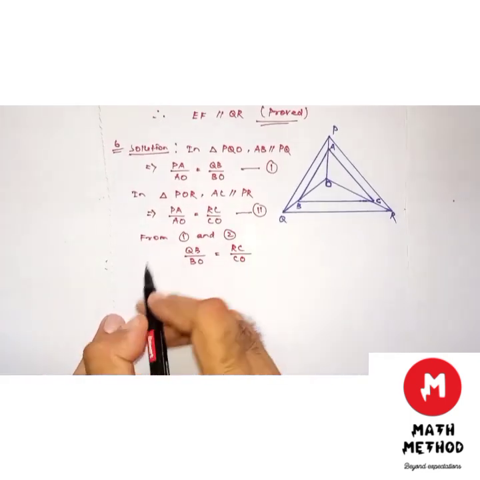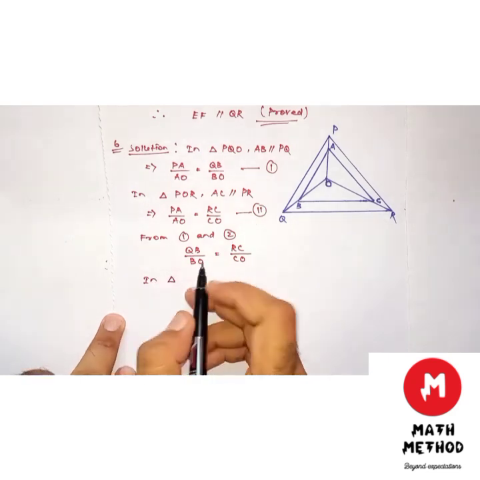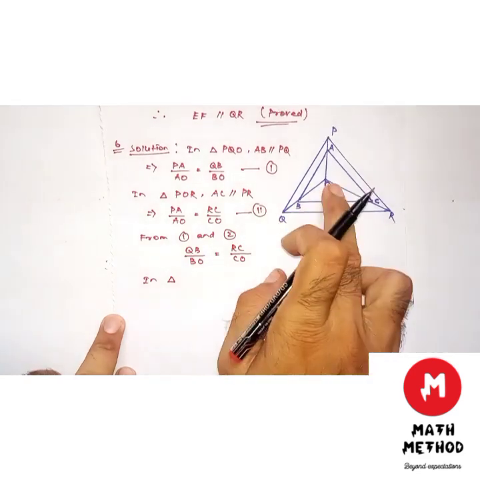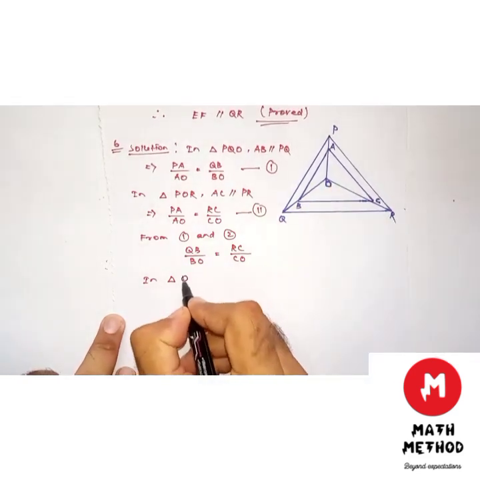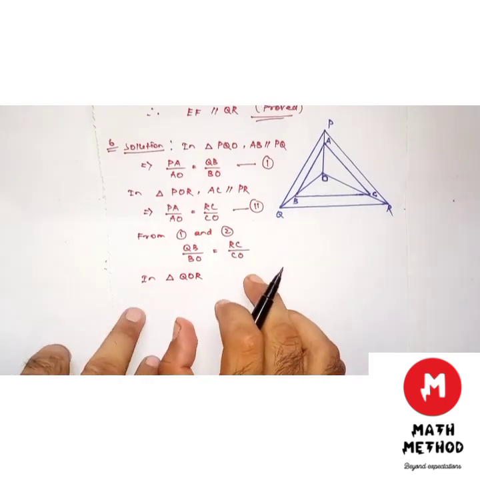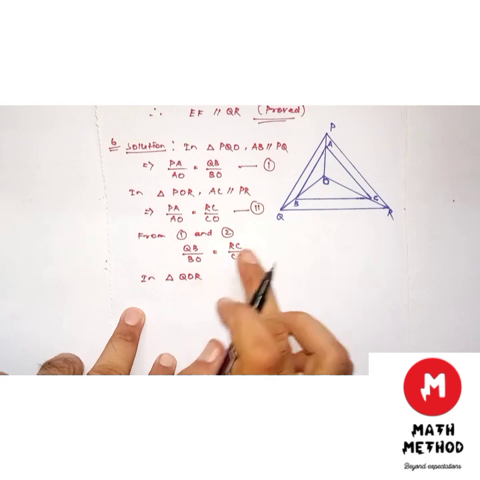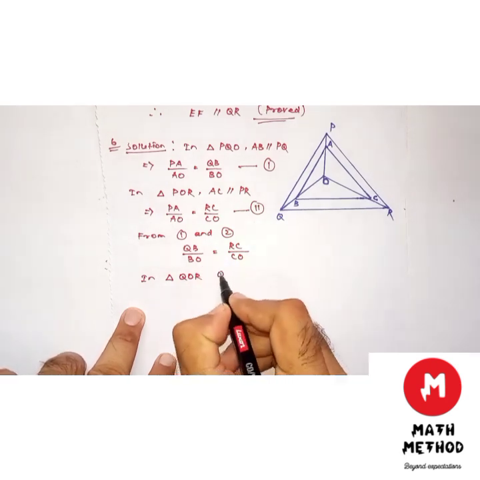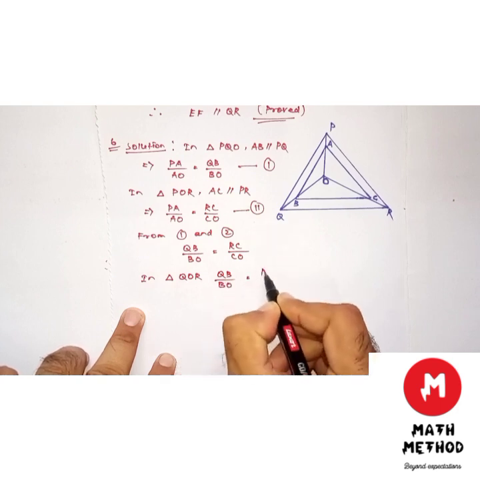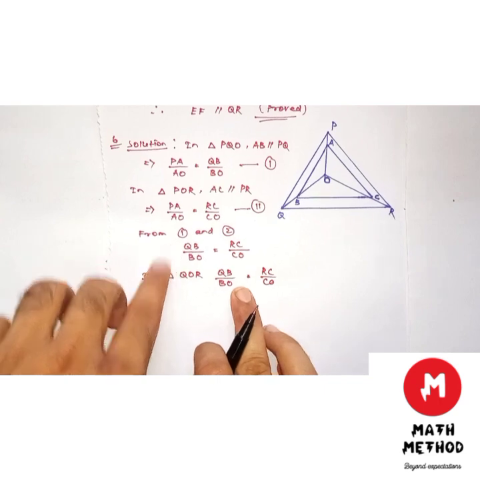Now go to triangle QOR. We have in triangle QOR, QB by BO is equal to RC by CO. We got it from equation 1 and 2.